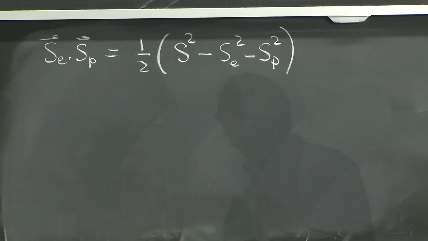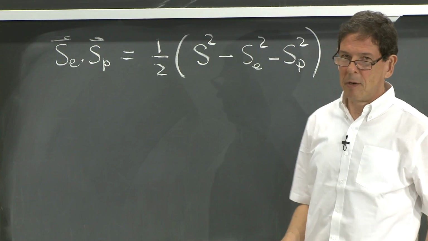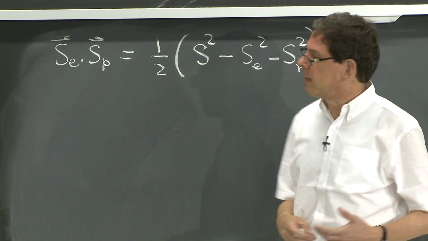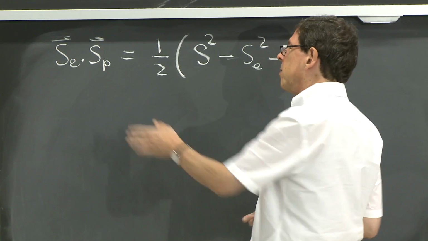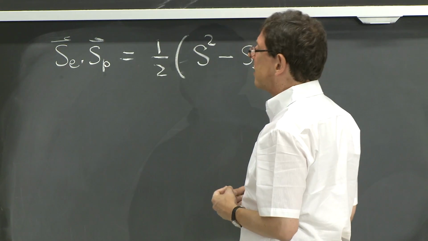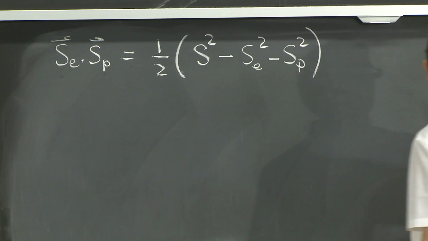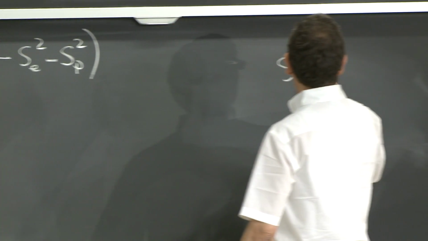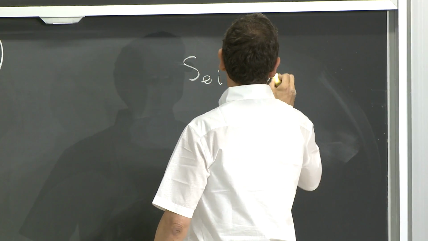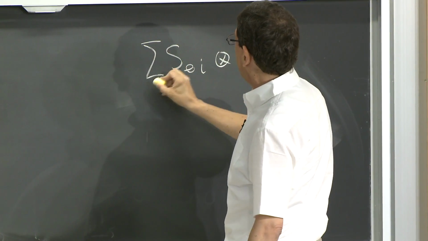Now, if you want, you could write everything in the language of tensor products. That would be the right way to write it, but it's a little cumbersome, and you don't get in trouble by writing this. It's not that subtle. Here the product of these things would be something like SE^i tensor SP^i, summed over i.